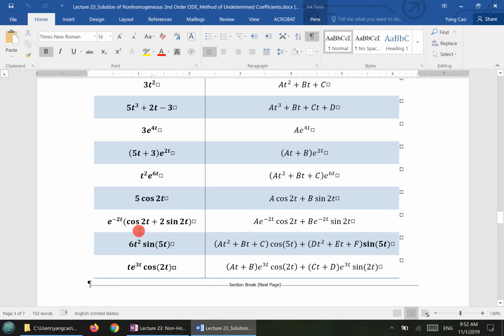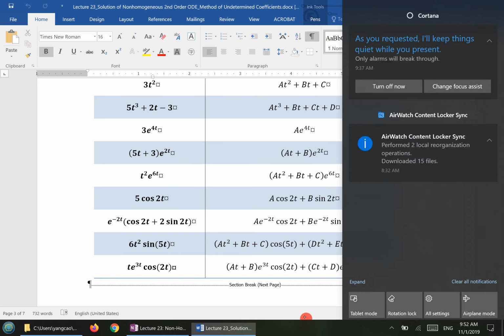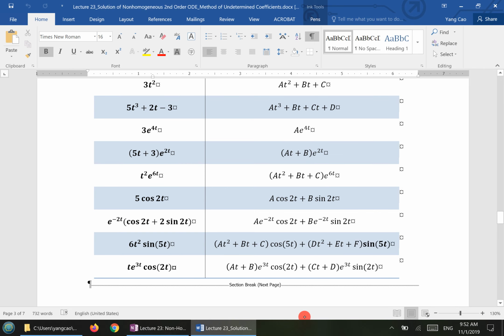If f of t is a really complicated input, then you look at your f of t and see which case it falls into in the first column, and then you pick your yp, the form of yp, from the second column here. That's called the sum rule, which I'll show you in examples later.